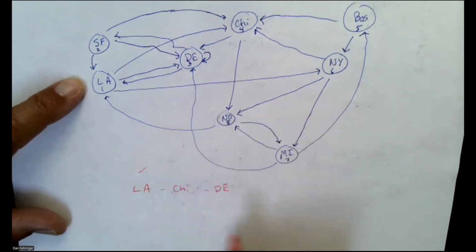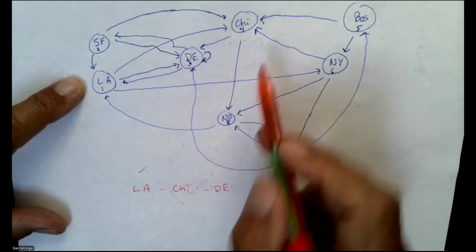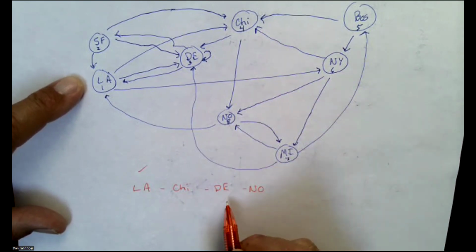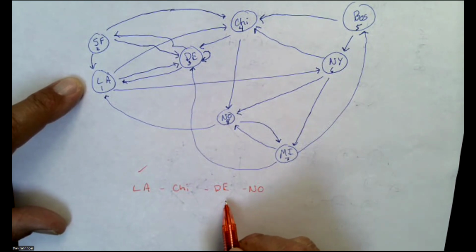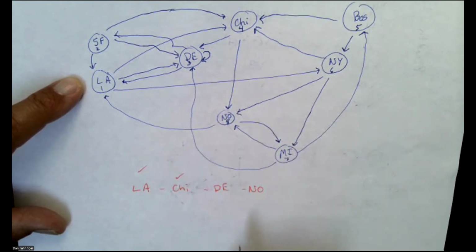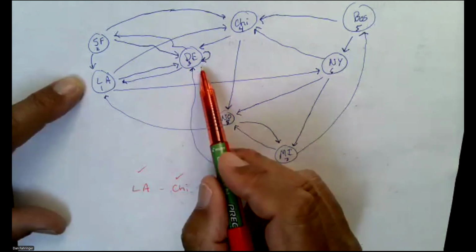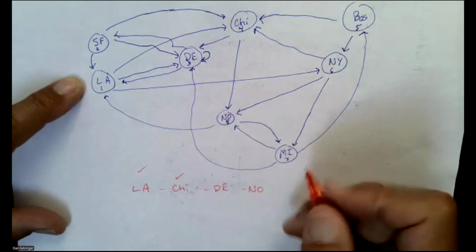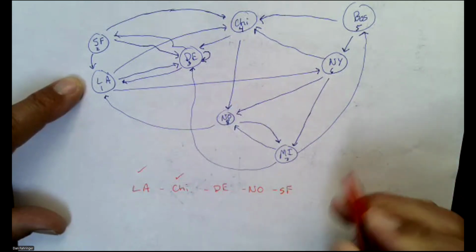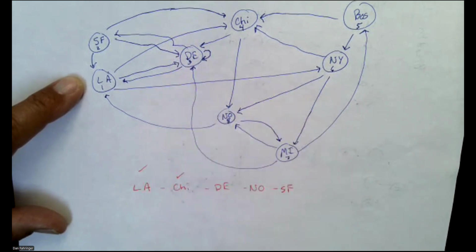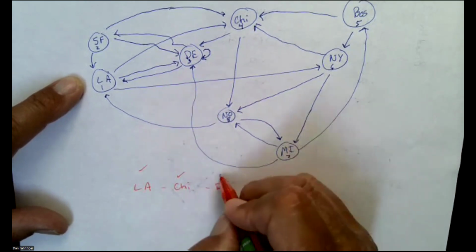Cool. Let's go to Chicago. Chicago goes to New Orleans and Denver. But we already have Denver, right? Denver goes to Denver. That's no help. Denver goes to San Francisco. Denver goes to LA. See, there's 1, 2, 3 exiting out. We're done with Denver.